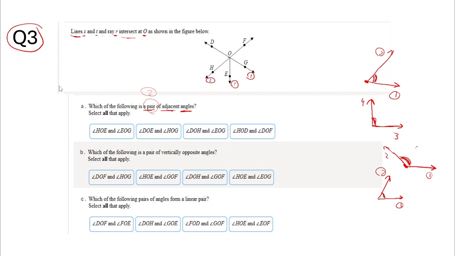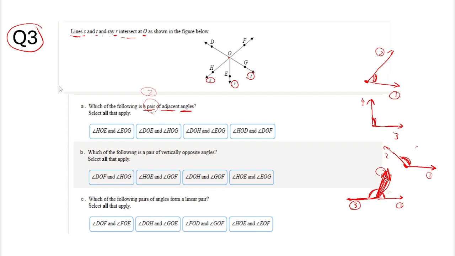And if I have another ray here, let's say ray 3, then ray 2 with ray 3 is another angle. So adjacent angles means they have a common ray between the two angles. I can say these are adjacent angles.